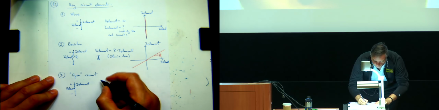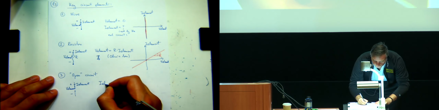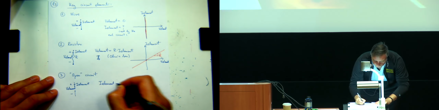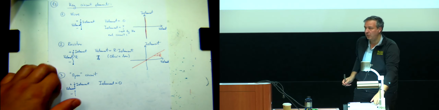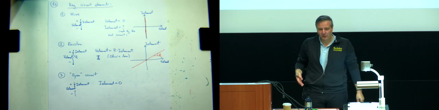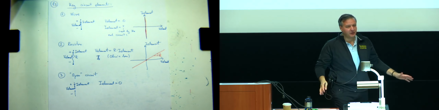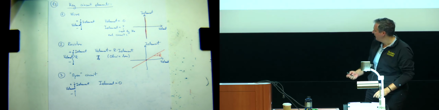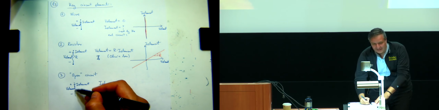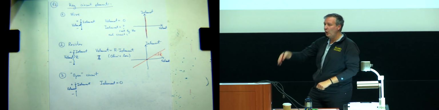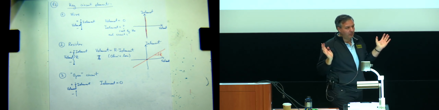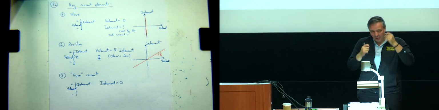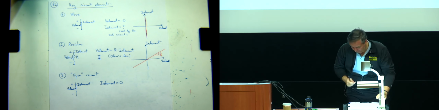In the definition of the open circuit, I element equals 0. Meaning there's no current through an open circuit. That's just by definition. We mark that by drawing it as this gap, meaning there's no flow that can go through it, but it's just a symbol, right? It just says there's no current through this element.